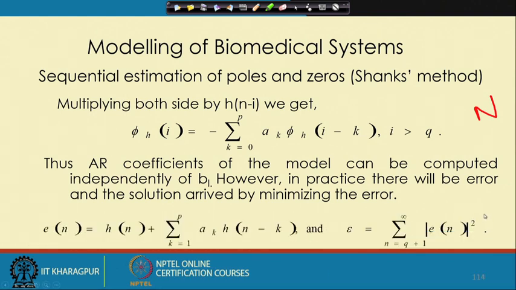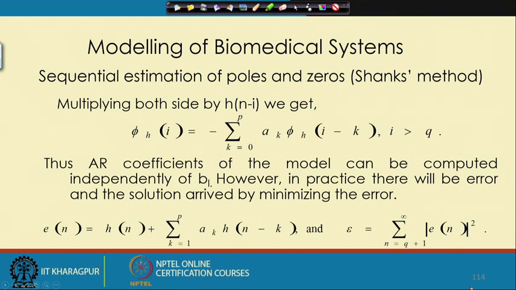Because there would be some approximation error, it has been written in this way that we would have some error en, that is the prediction error of the impulse response, and we need to minimize eta, which gives the sum of error square from q plus 1 onward. So, we are taking the sum of error square because so many equations are there.